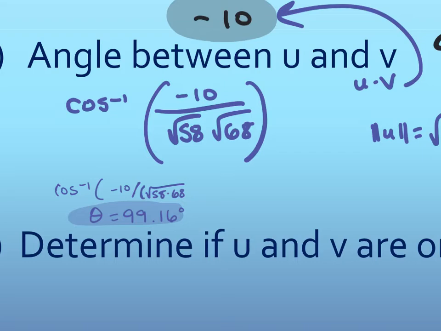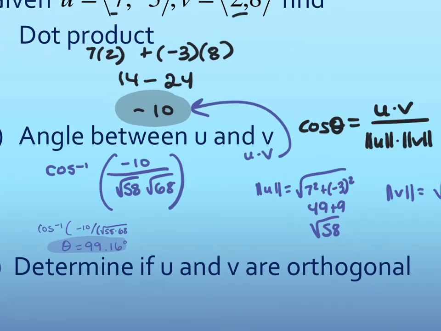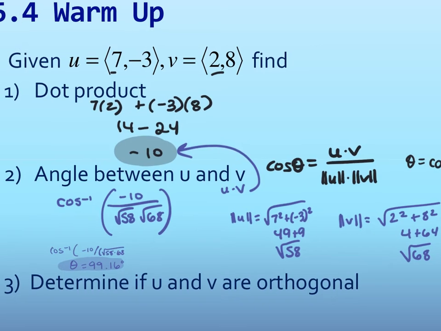Now, we also said yesterday that if I were to plot these vectors roughly, it doesn't have to be perfect, I can use that to check to make sure I'm at least on the right track. So if I had a coordinate grid, or if I just drew the 2 lines, because we'll do this quick. 7, 1, 2, 3, 4, 5, 6, 7, negative 3 would be like that.